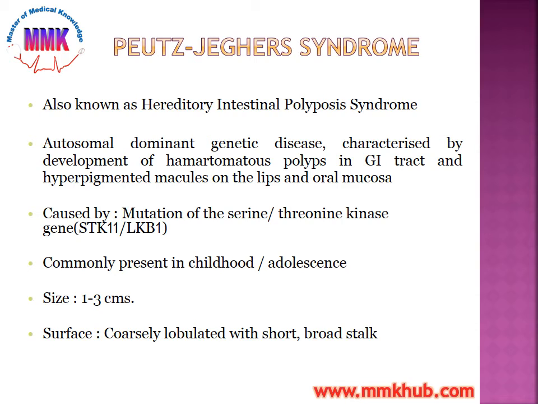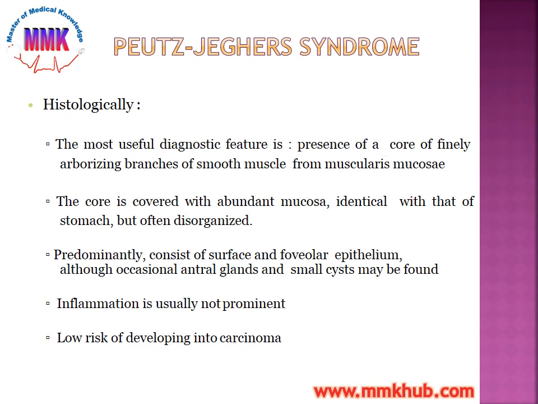Size of the polyps in this syndrome is approximately 1 to 3 cm, while the surface of the polyp is coarsely lobulated with a short, broad stalk. Histologically, the most useful diagnostic feature is the presence of a core of finely arborizing branches of smooth muscle from the muscularis mucosae.